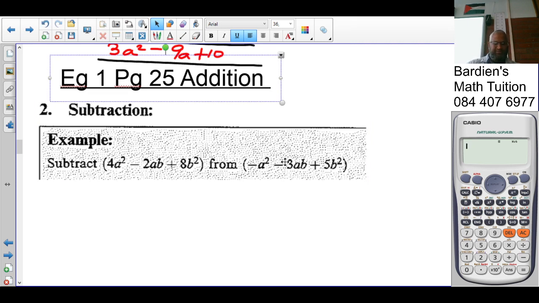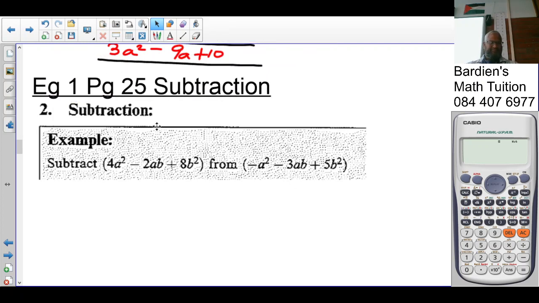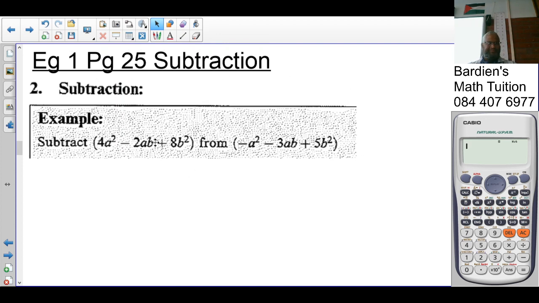Page 25. Example 1. So write the sum down.